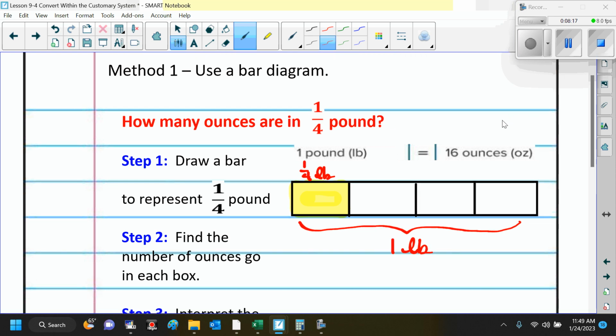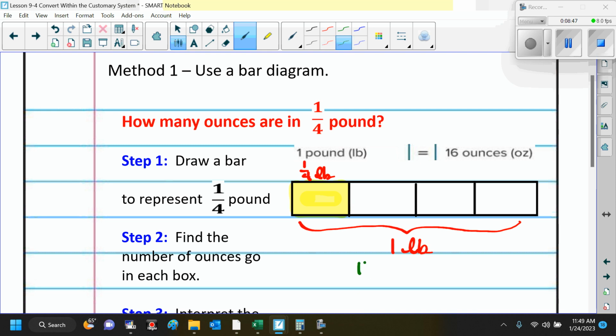Now we want to find the number of ounces that go in each box. Well, the whole thing is 1 pound, right? And 1 pound is equal to 16 ounces. So this whole thing is 16 ounces. How do I know how many ounces go in each box? Divided by 4. Very good.